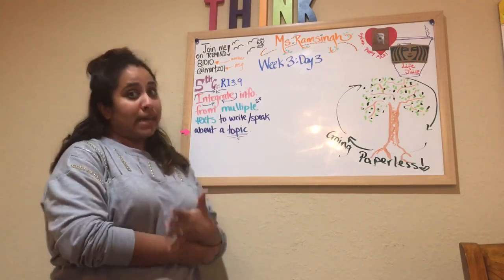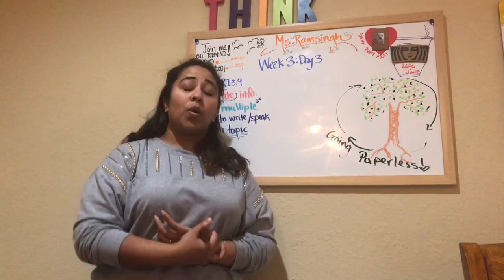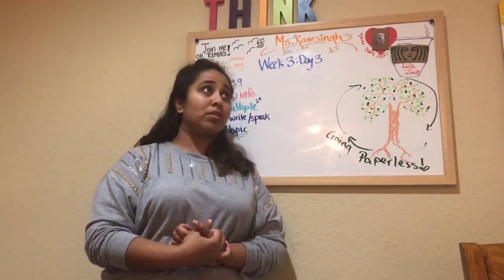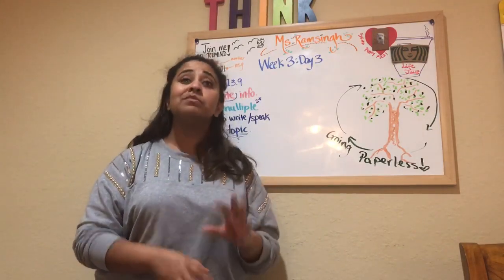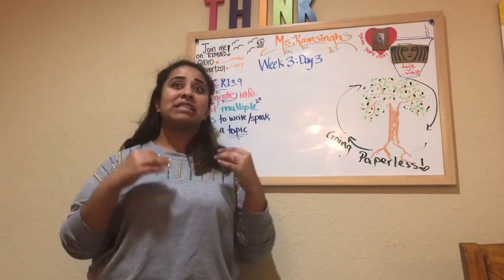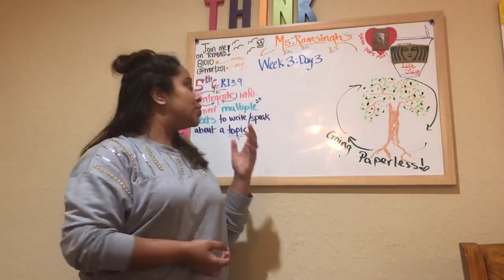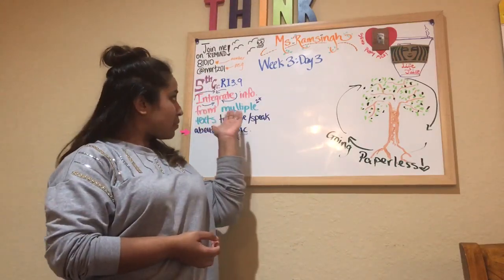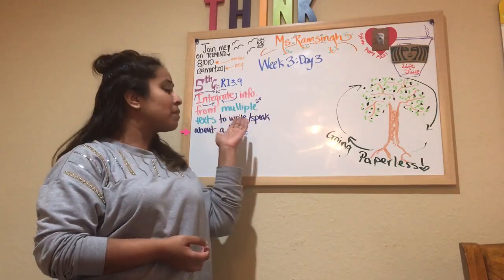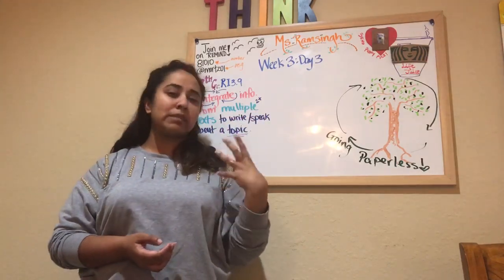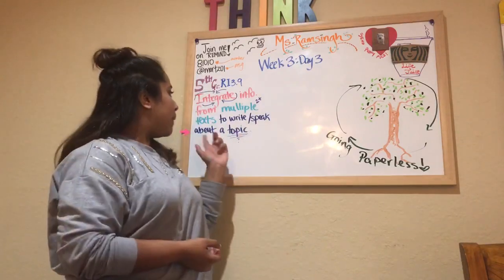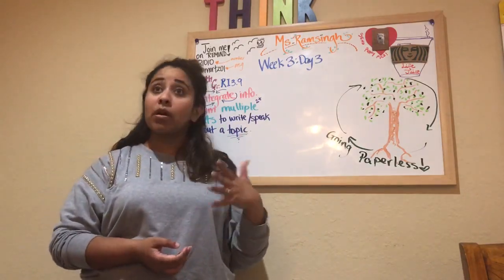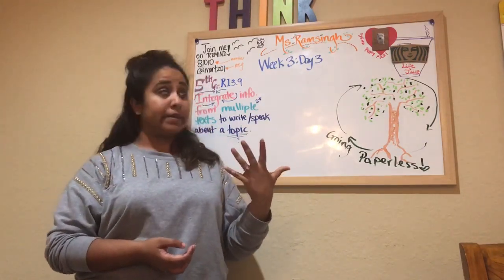Today's standard is a huge one when it comes to not only fifth grade, not only middle school, but as you get into high school and especially in college, you'll see that you're having to look at multiple texts to be able to write and speak in a mature way about a certain topic or about multiple topics or main ideas.